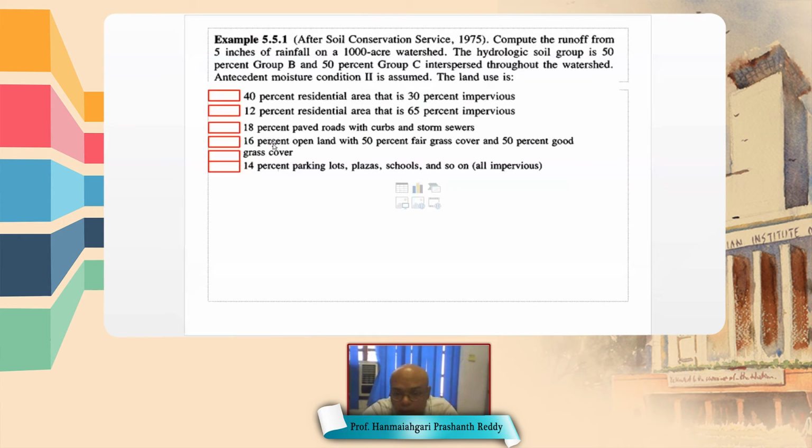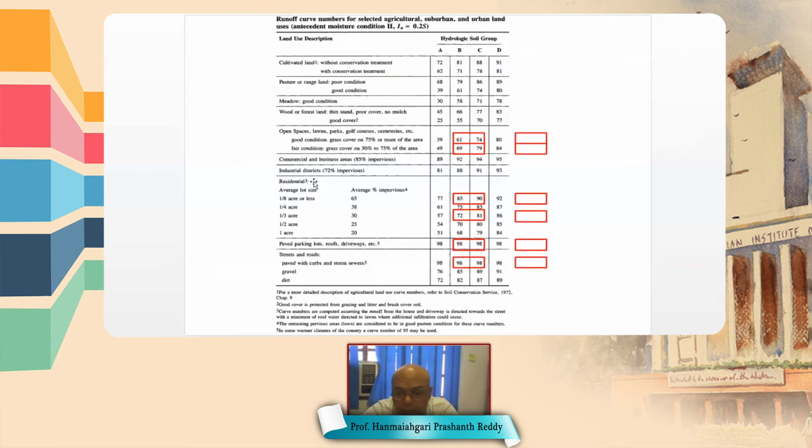Then 16% is open land with 50% fair grass and 50% good grass cover. So open land with grass cover is 50% to 75%. Further, for type B soil it is 69, and for type C soil the curve number is 79.